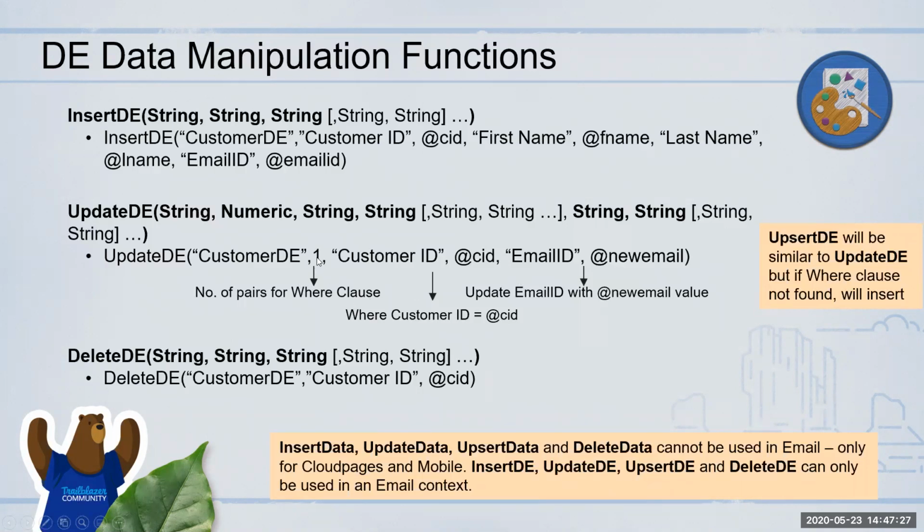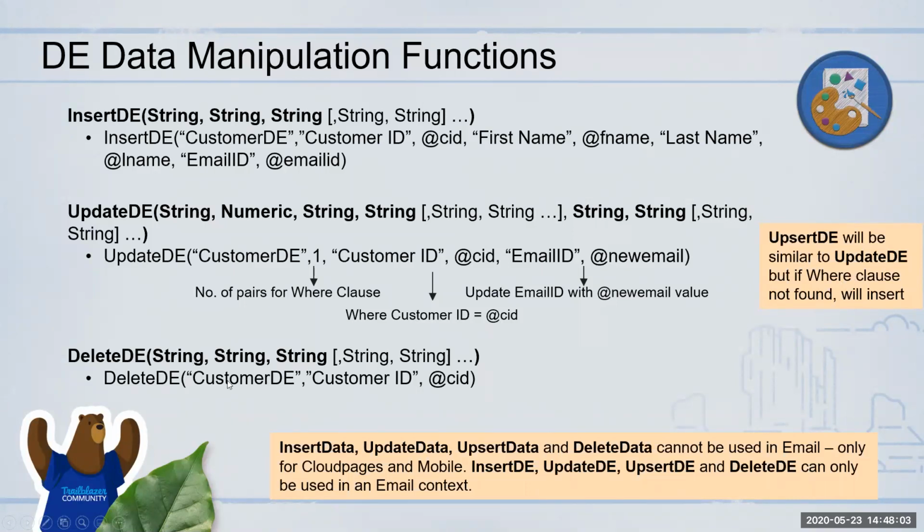In this particular case, I'm saying update the customer DE, and only use one condition here, where customer ID is equal to this. Update the email ID to this new email value. Straightforward. And if you are updating something with upsert and it is not finding that record, it will try to insert that value as well, as long as it has the primary key and all the required fields for the data extension. It'll insert those values as well.